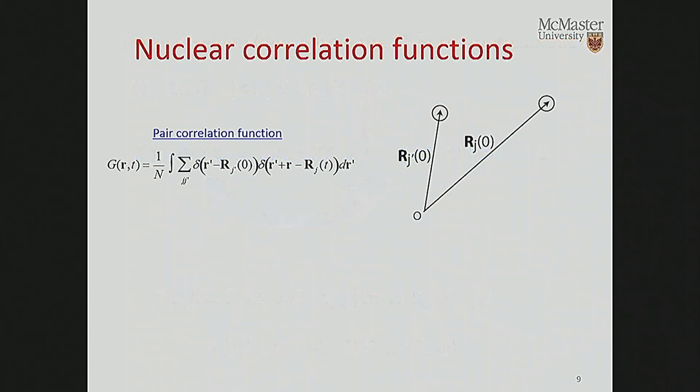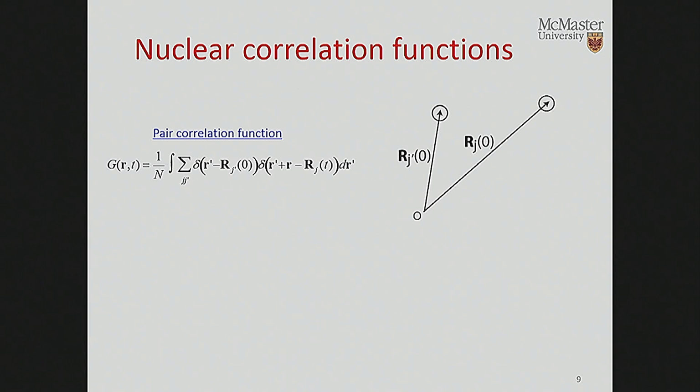There are different types of information that you can get from this. In the same way that you can understand the structure of the material, you can understand the dynamics of a material, even if the material itself is quite disordered.